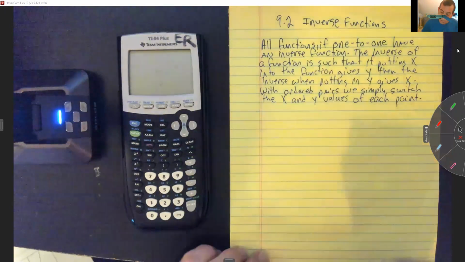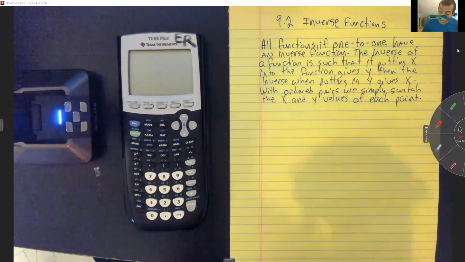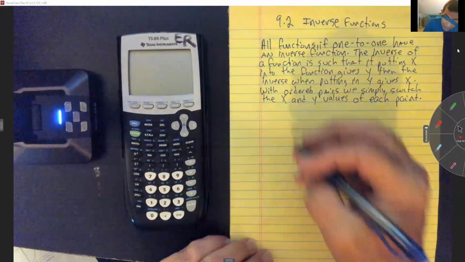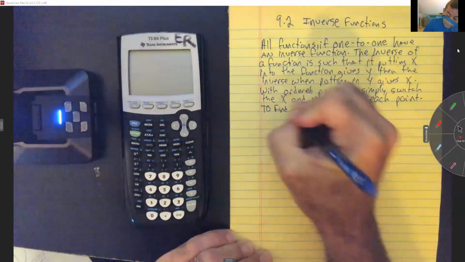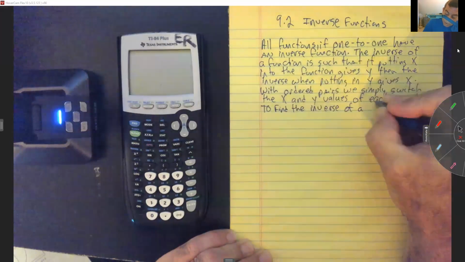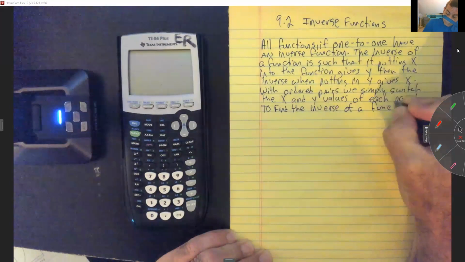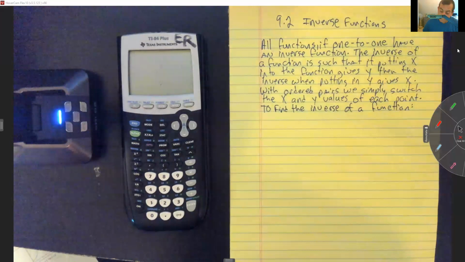All right, so we got a formula that we use to find the inverse of a function. So this is what we'll sort of be doing to our homework problems.